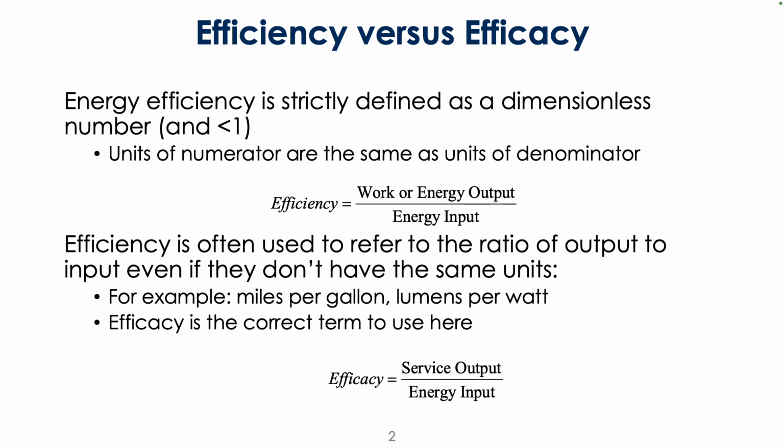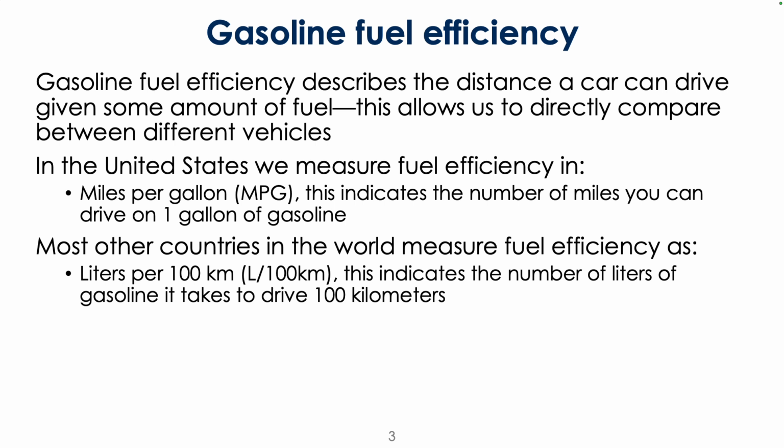In reality, the efficiency numbers that we use don't physically mean anything in terms of the actual efficiencies that we think about in physics, but they're useful metrics for us to know. For gasoline fuel efficiency, this describes the distance a car can drive given some amount of fuel, and that allows us to directly compare between different types of vehicles.